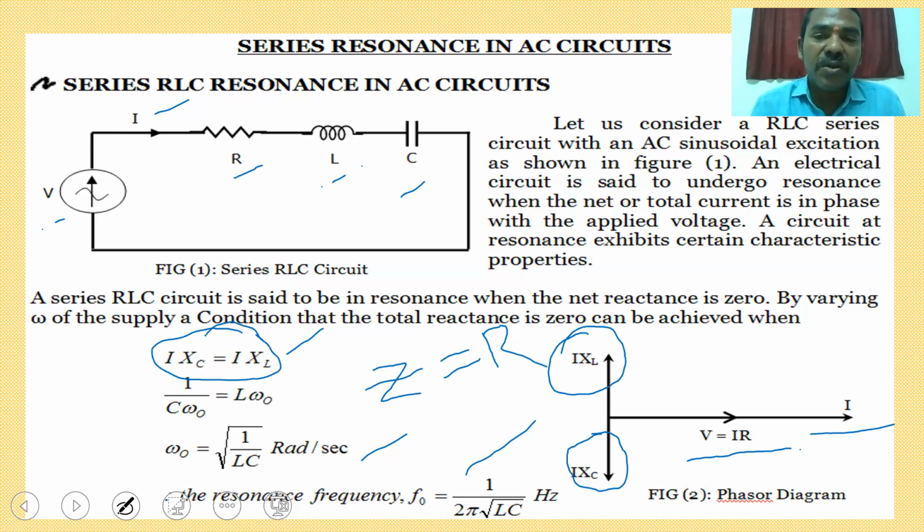Under that condition only can you get resonance. In resonance, the angle between V and I is 0 degrees. That means the power factor cos 0 is equal to 1.